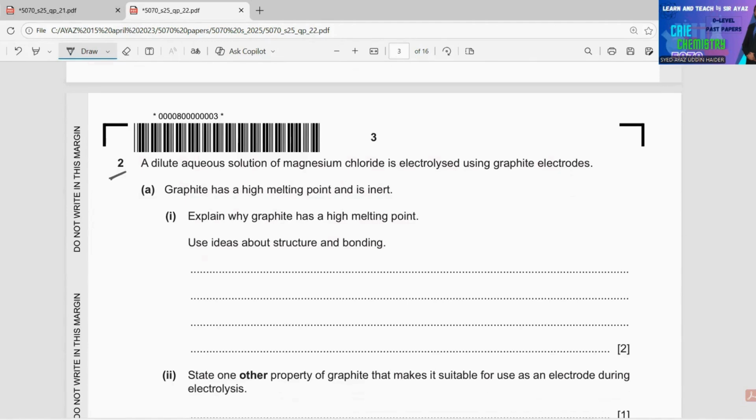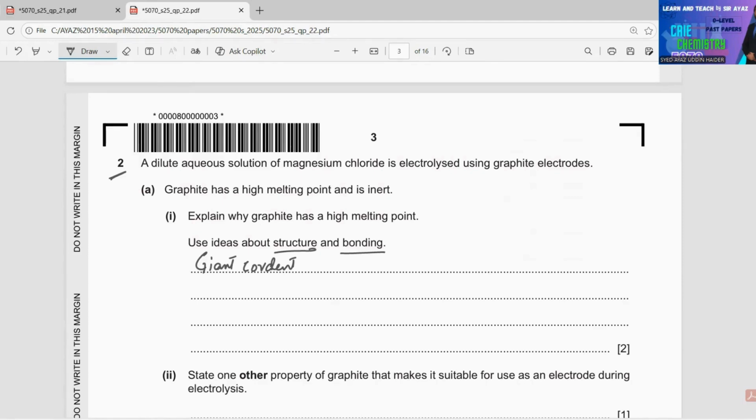Now they are asking in terms of its structure and bonding why graphite has a high melting point. So for the structure, you straight away write it's giant covalent. Graphite is an allotrope of carbon which has a giant covalent structure. So giant covalent will give you 1 mark. And then you are going to write about bonding.